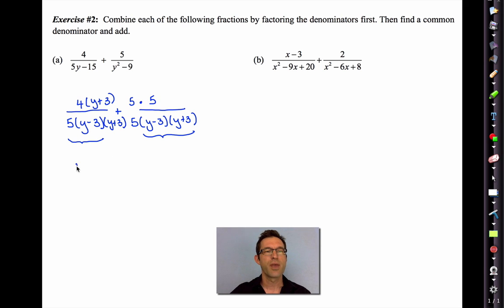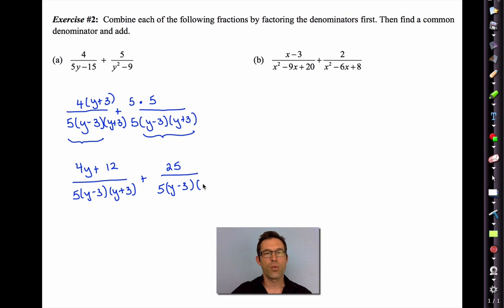So in other words, in this first fraction, I have 4y plus 12 divided by 5 times y minus 3 times y plus 3. And in the second fraction, I've got 25, right? 5 times 5. 5, y minus 3, y plus 3.